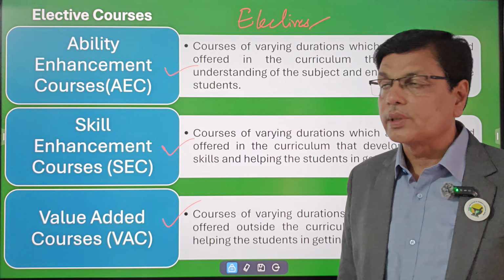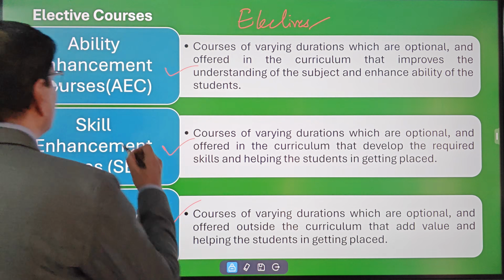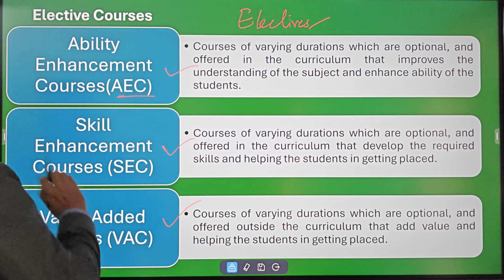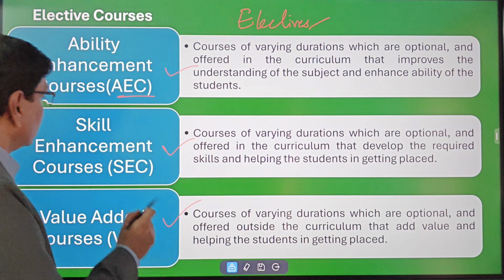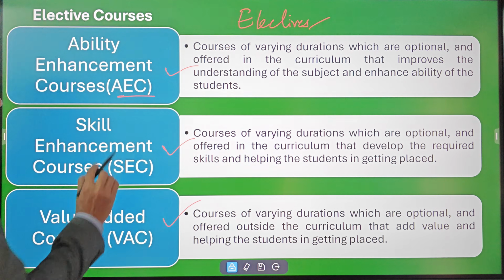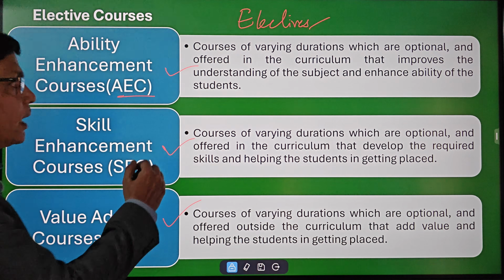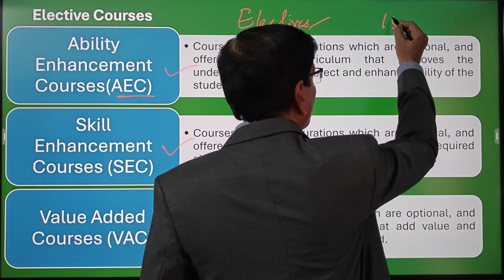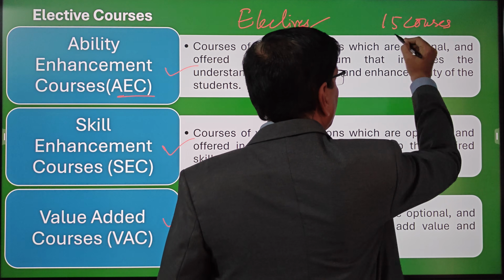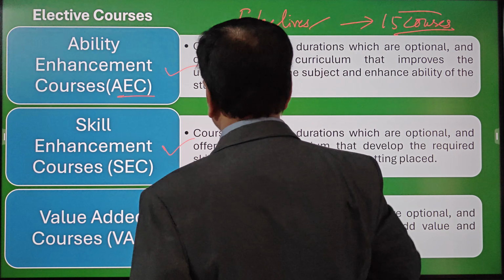designated the elective courses. The elective courses are categorized into AECs, that is Ability Enhancement Courses, SECs, Skill Enhancement Courses, and Value Added Courses. I have counted around 15 courses introduced as electives.